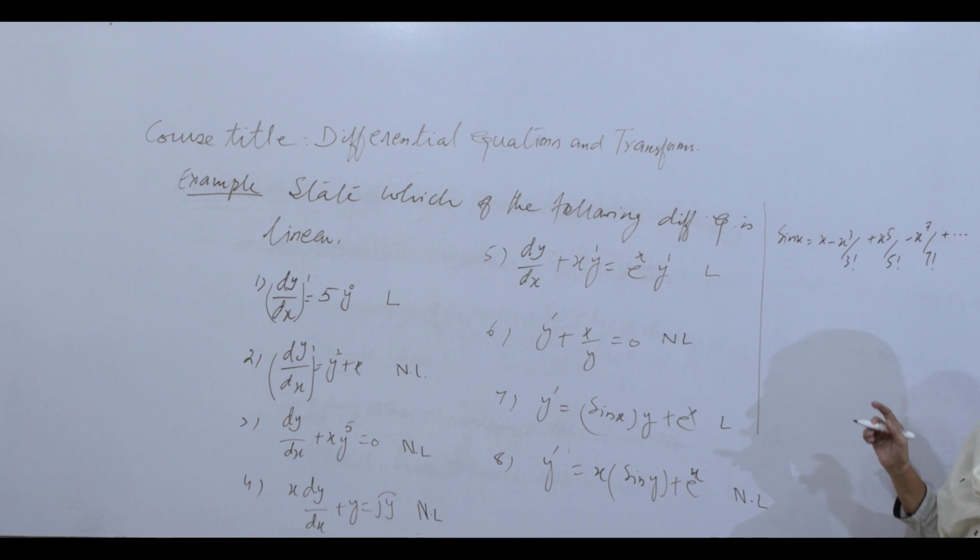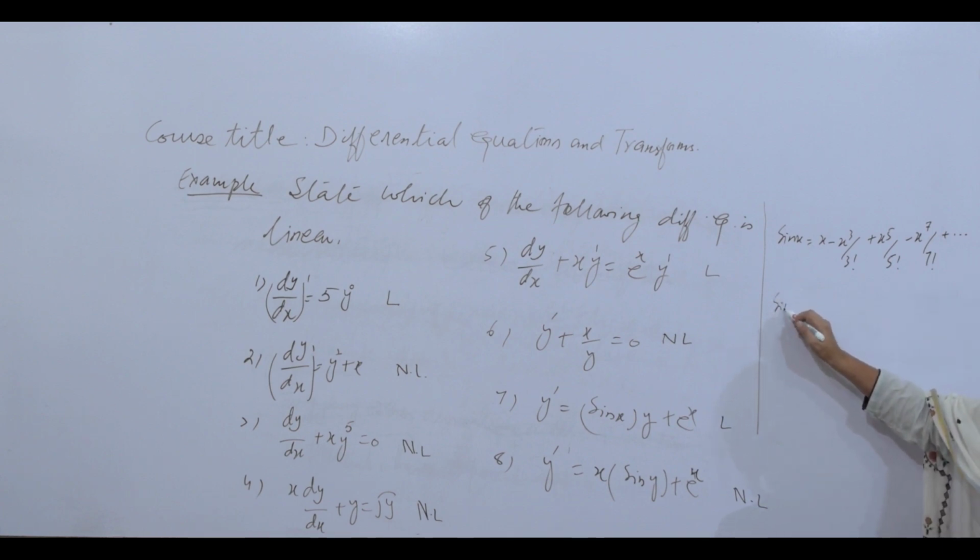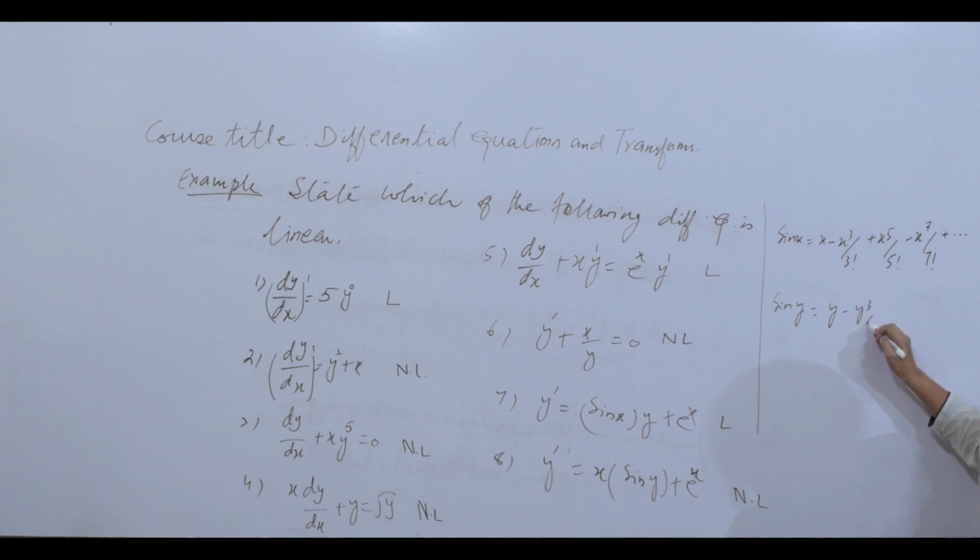This is the Maclaurin series for sin x. If I am replacing x by y, this becomes y minus y cube divided by 3 factorial plus y5 divided by 5 factorial, y7 divided by 7 factorial and so forth.